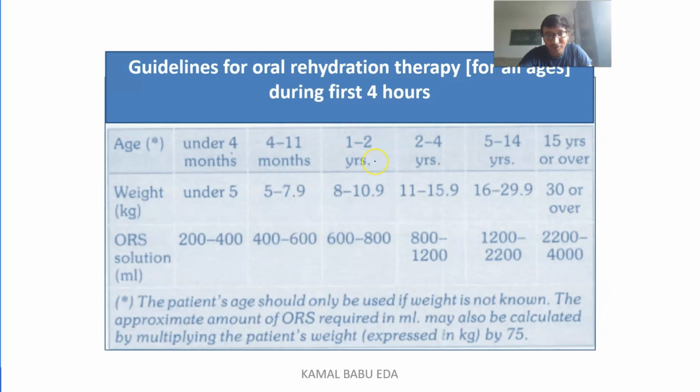If the baby is 1 to 2 years and the weight is about 8 to 10 kg, you go for 600 to 800 ml. You can see it in the chart here. If the age is above 15 years and the weight is more than 30 kg, you have to go for 2.2 liters to 4 liters.